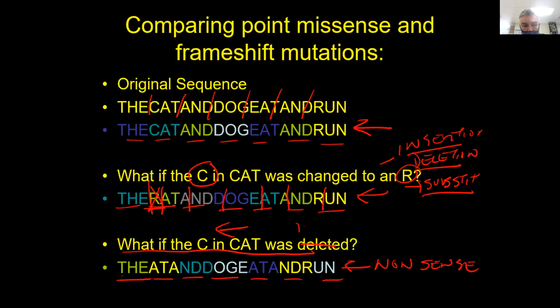If I had inserted, the reading frame would have shifted to the right, and everything downstream would have made no sense. Of all my point mutations, frame shifts are usually going to be the most serious, depending on what happens there.